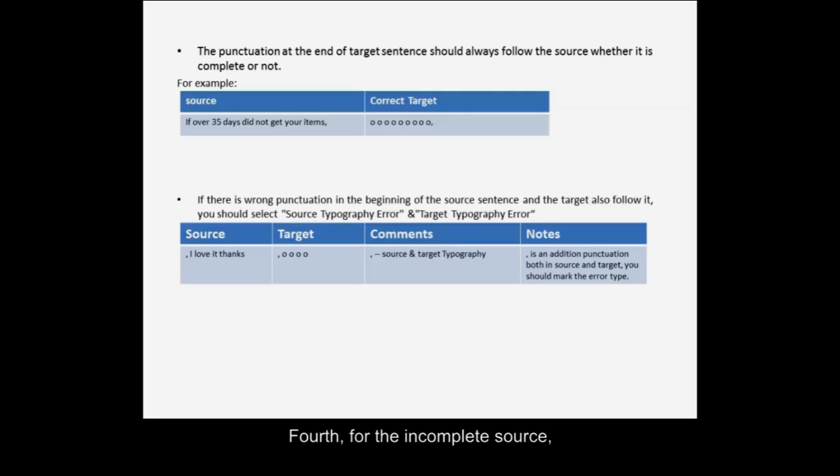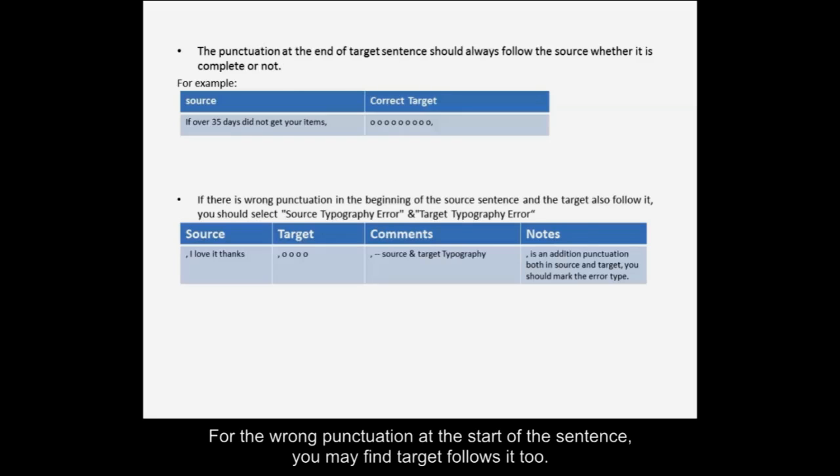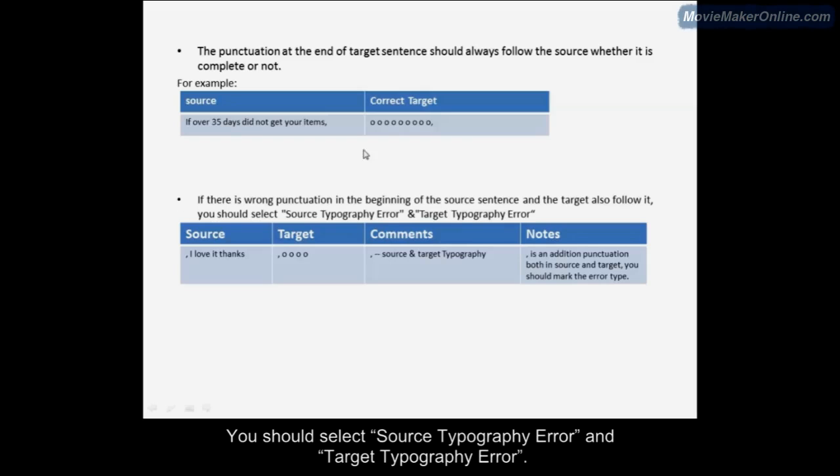Fourth, for the incomplete source, the punctuation at the end of target sentence should always follow the source. Last, for the wrong punctuation at the start of sentence, you may find target follows the two. You should select source typography error and target typography error.